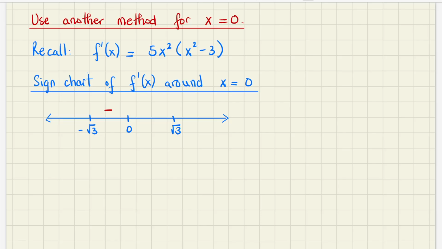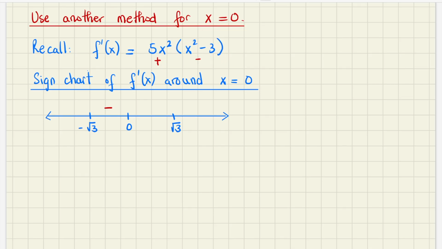Next, let's pick a value in this interval. Let's pick 1. 1 squared is 1, times 5 is positive. 1 squared is 1, minus 3 is negative. Negative times positive is negative.